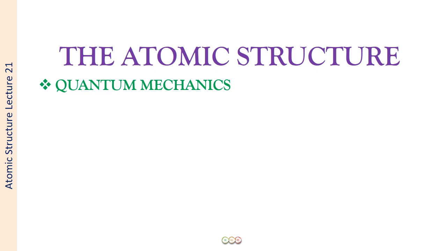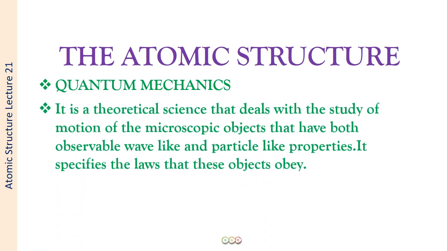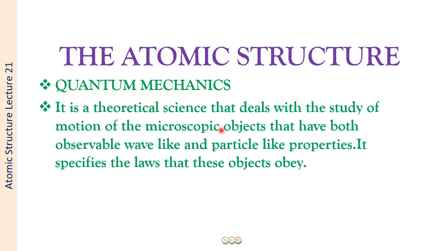And hence we have quantum mechanics, which is the branch of science which is going to take into consideration the concept of duality of matter. And this quantum mechanics is defined as a theoretical science which deals with the study of motion of microscopic objects that have both observable wave-like and particle-like properties. And this is going to give the laws which these microscopic objects obey.